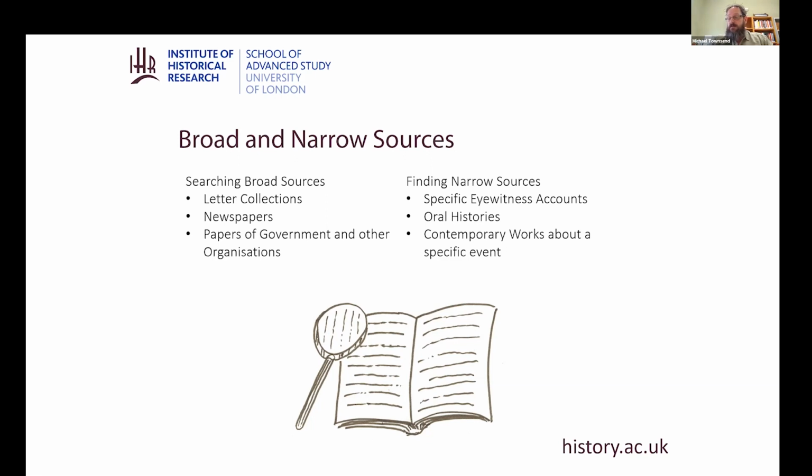As already mentioned, I will showcase some online catalogues later that would help researchers identify works such as these. The other category I call broad sources. These are usually works that contain within them a multitude of subjects, such as letter collections, newspapers, government papers, even memoirs and autobiographies.